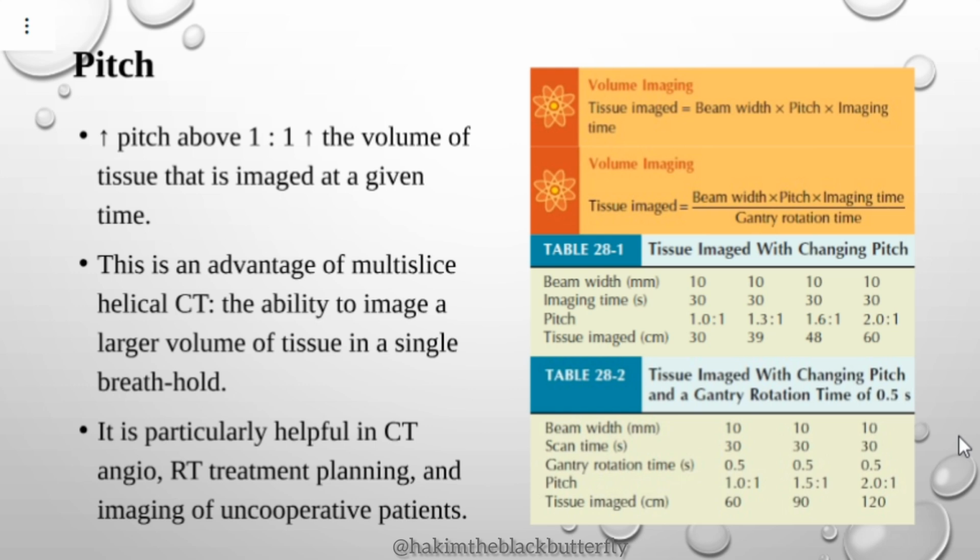So with an increase in pitch, which increases the volume of the tissue imaged, this is an advantage of multi-slice helical CT: the ability to image a large volume of the tissue in a single breath hold. Just like, you know, when they are going to scan a patient, they tell the patient to breathe in and hold their breath, especially when you're going to take chest exams or even abdomen.